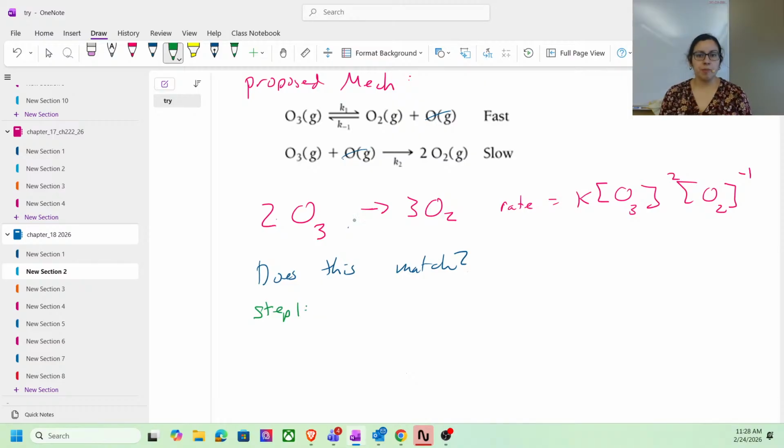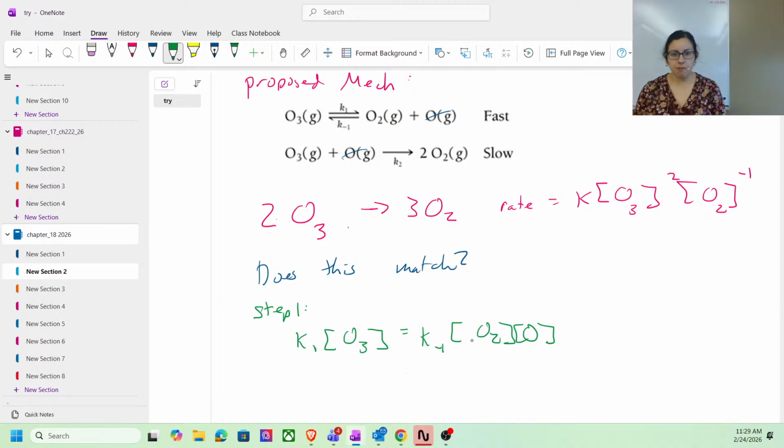For step 1, we're given that K1, going in the forward direction, times ozone, because that's our only reactant for the first step, is equal to the reverse direction, K negative 1, times the two products shown here, O2 and single oxygen. I'll just leave that for now. We've just written our rate laws.